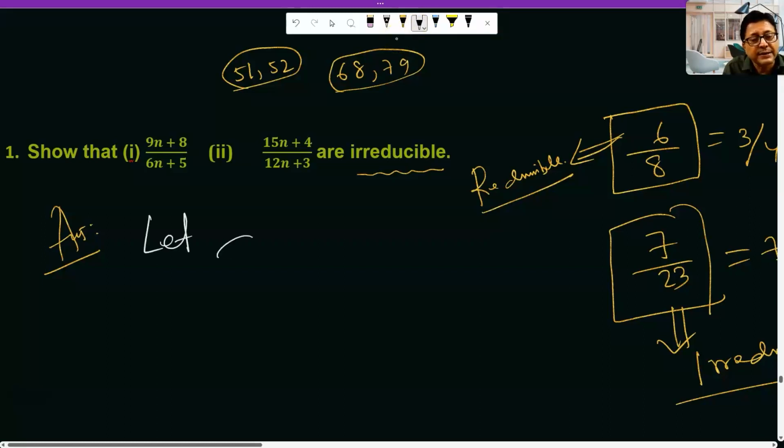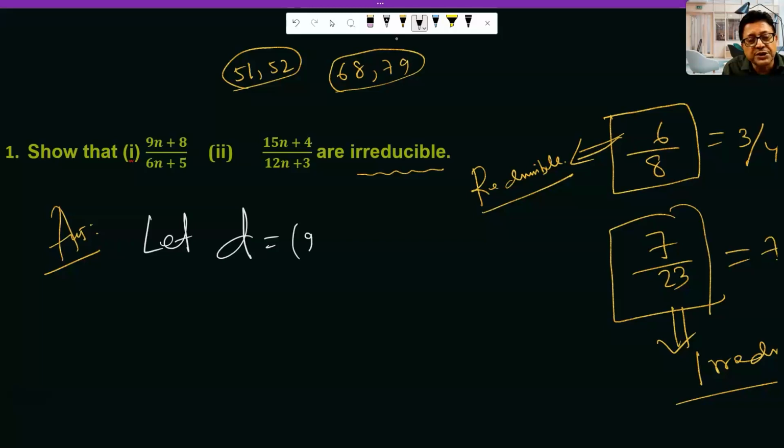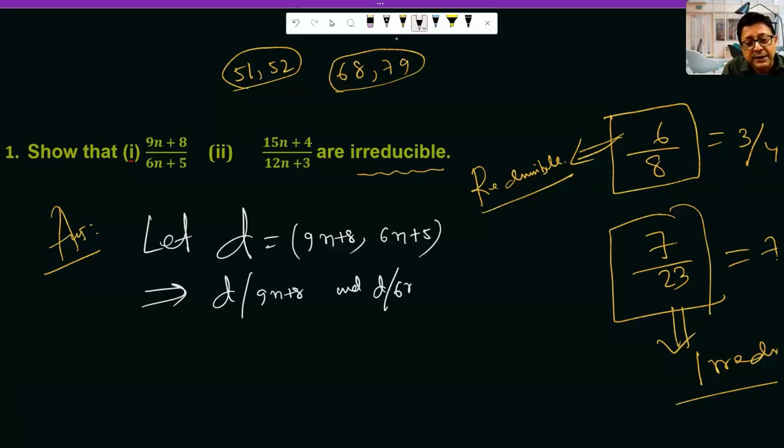Let D equal the GCD of 9n plus 8 and 6n plus 5. This implies D divides 9n plus 8 and D divides 6n plus 5.